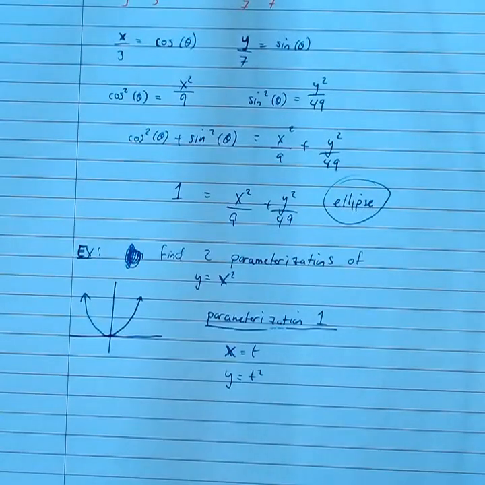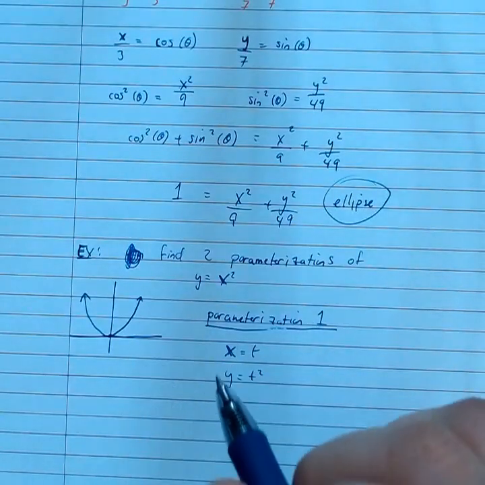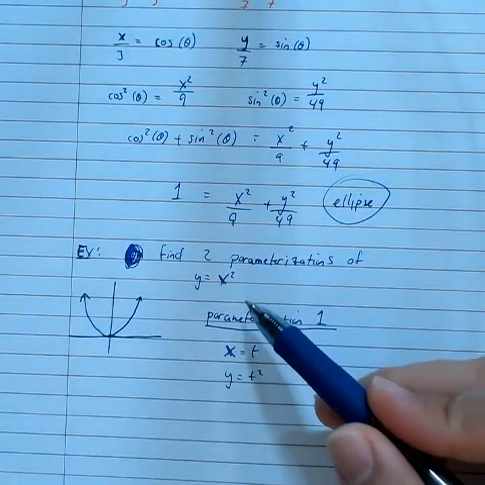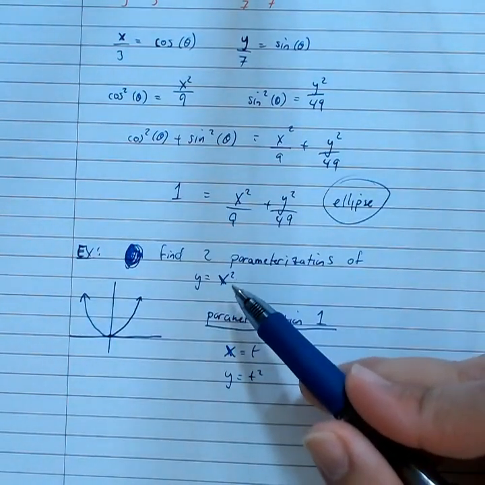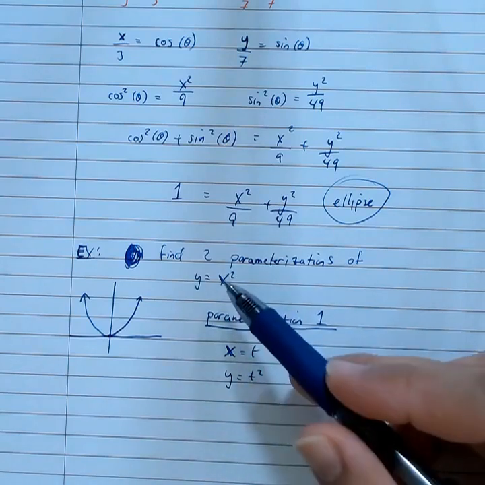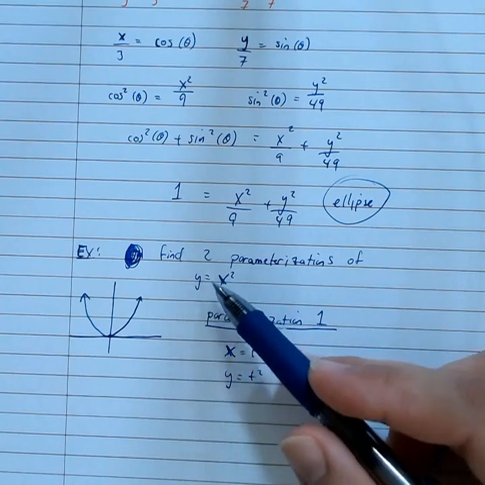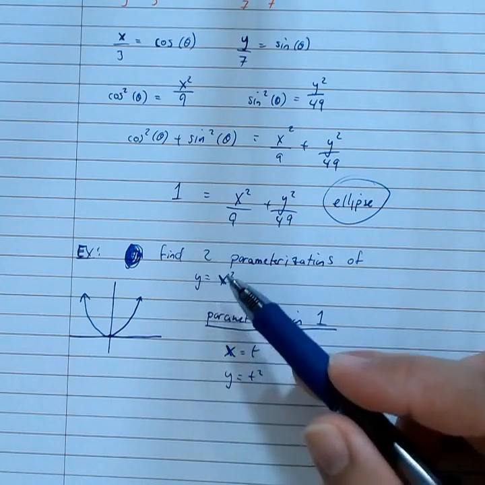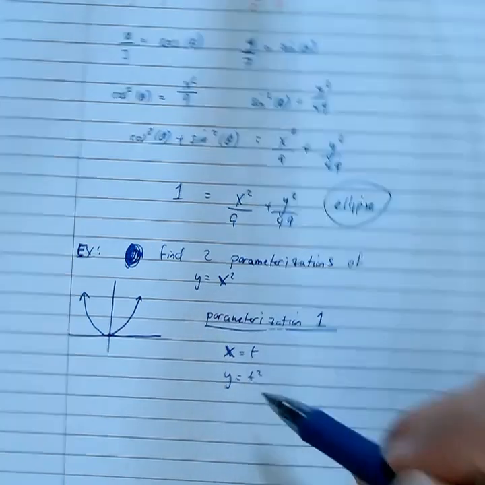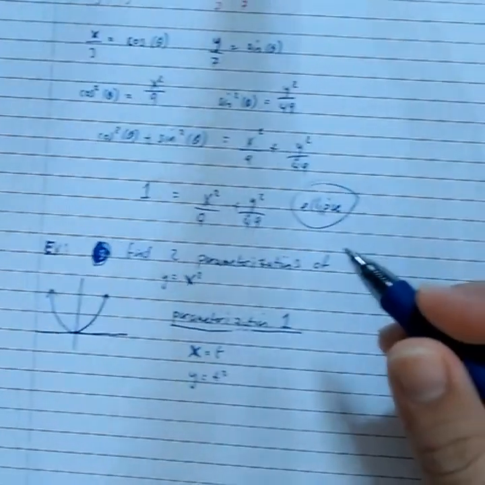Although there are some more complicated ones that can happen, usually the simplest one is to take your independent variable, here x, and just call it t. And once x is equal to t, you say y is equal to x squared. Well, x is the same as t, so just say y is equal to t squared. And there we go, that's a parameterization.